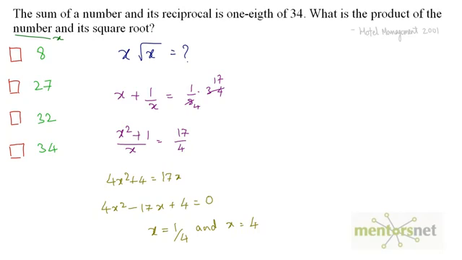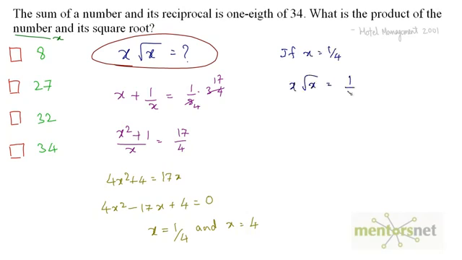Remember that a quadratic equation has got two roots. So one of the roots is 1 by 4 and the other root is 4. So let us solve this for x equals 1 by 4 and x equals 4. If x is equal to 1 by 4, x root x is equal to 1 by 4 times root of 1 by 4, which is equal to 1 by 4 times 1 by 2, which is 1 by 8.